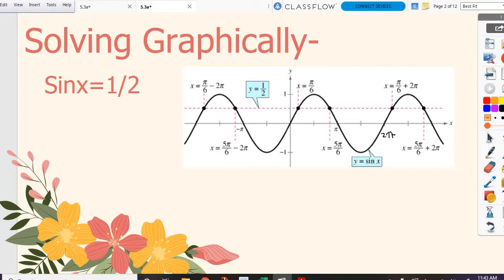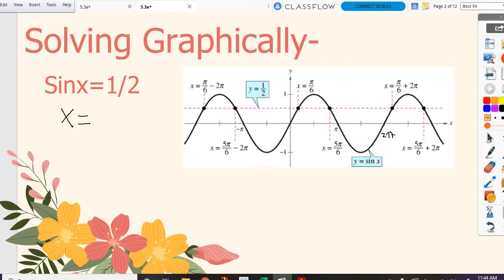Y'all with me? Because again, we're trying to figure out what x values make this statement true. So kind of like when we did our inverse trig functions, we're saying what angle, if we plug it in for sine, gives us 1/2. Or on our graph, where are we going to equal 1/2?